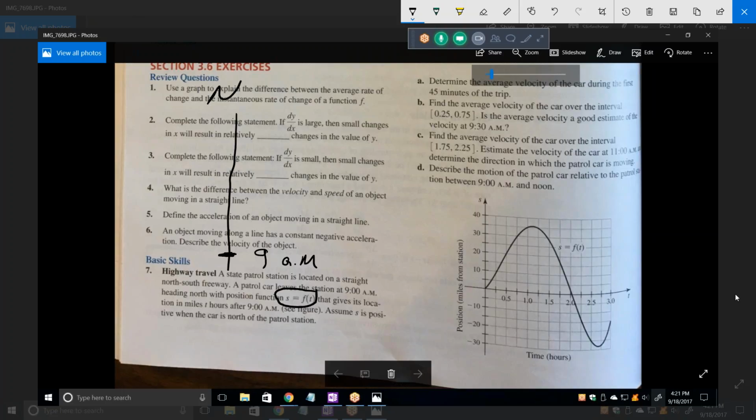In other words, whatever that function is, and they're not giving it to us, but they are showing it to us over here. Okay? What we're looking at is s equals f of t. That is a position function. All position functions usually begin with s, velocity functions are v, and acceleration functions are a.